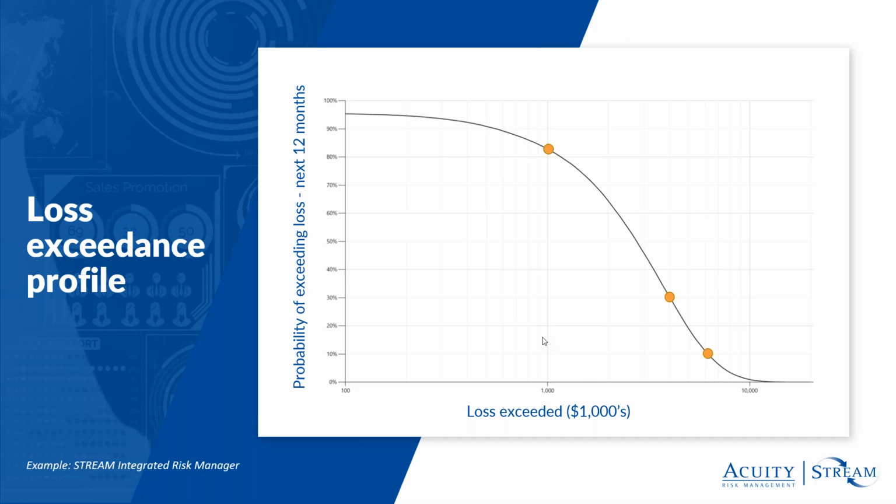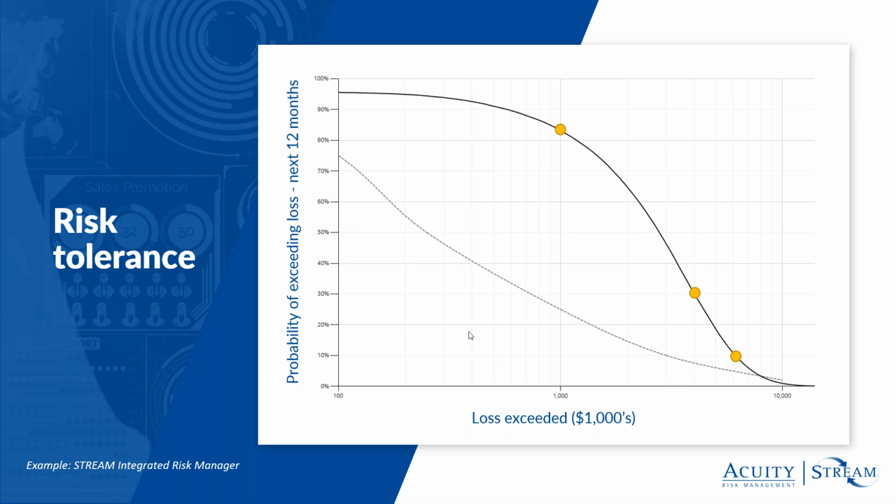And we can also overlay onto this our tolerance for risk. This could be management's tolerance for risk. And here we're saying that management is only prepared to tolerate a 25% chance of losing more than $1 million in the next 12 months, or a 7.5% chance of losing $3 million, or a 5% chance of losing $5 million.